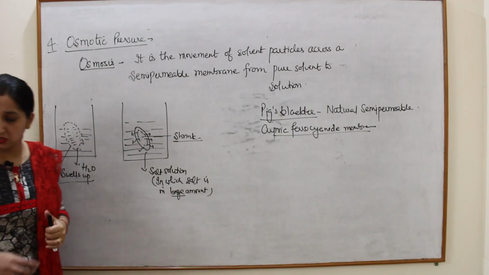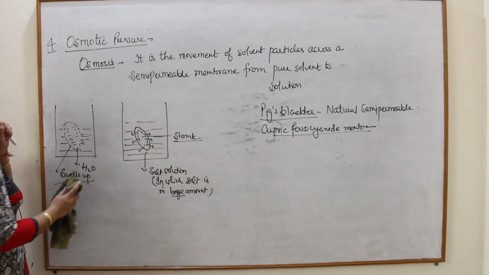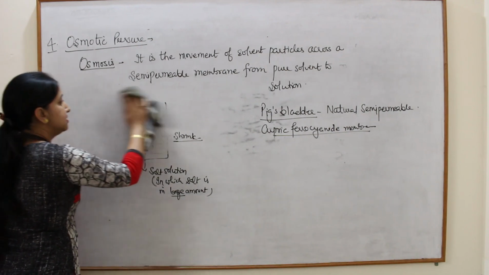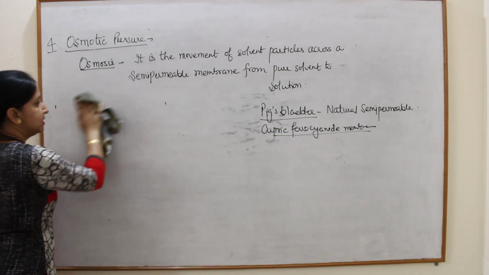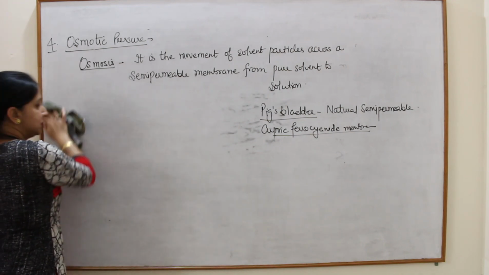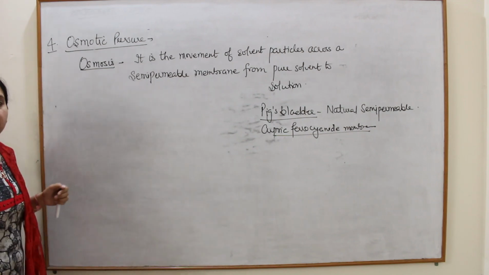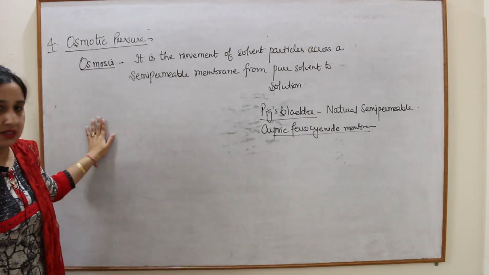So the next important question is, what is the difference between osmosis and diffusion? Diffusion means simply the movement of any particle from its higher concentration to lower concentration. But in osmosis, we are talking about only the movement of solvent particles.